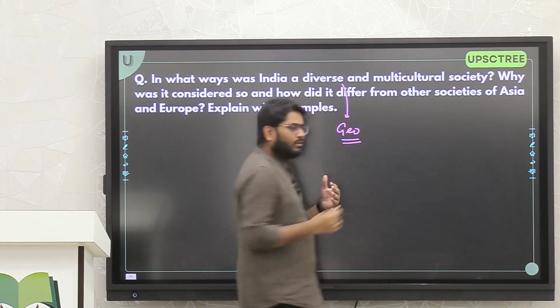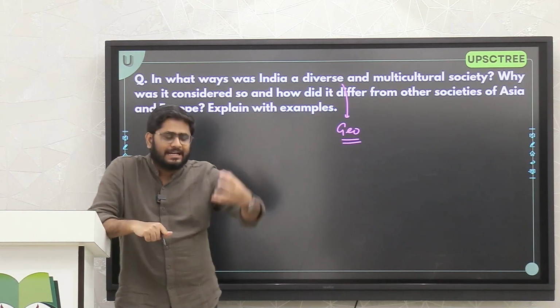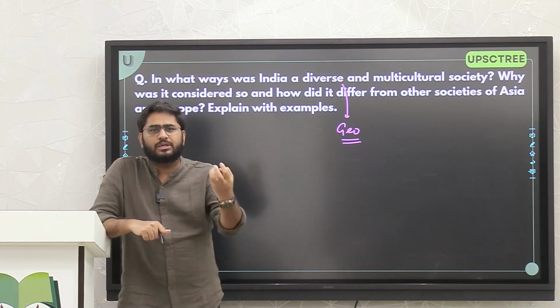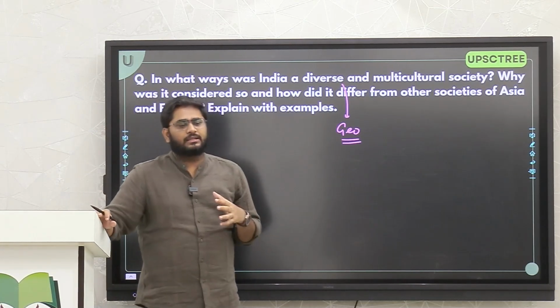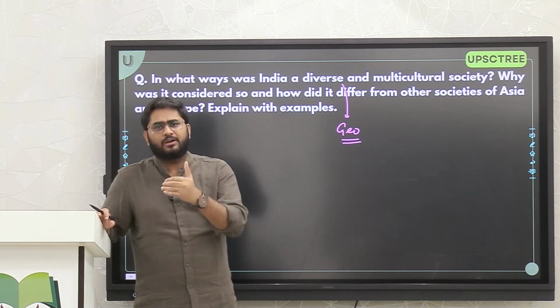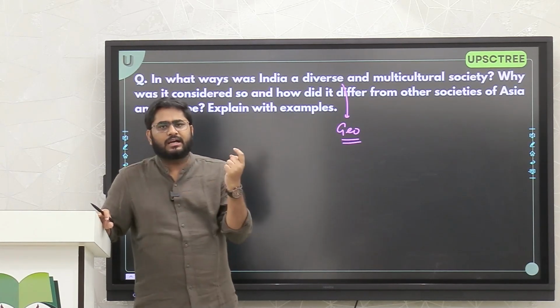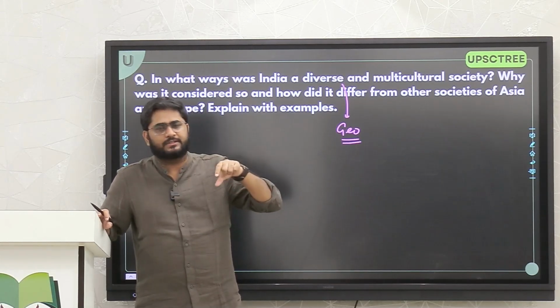Geography, because there are physical geographical varieties. Physical geography ensures that cultural diversity emerges out of it. For example, the North Indian culture and South Indian culture are different because for a long period of time a range of mountains acted as a barrier, for example the Vindhya and Satpura range.